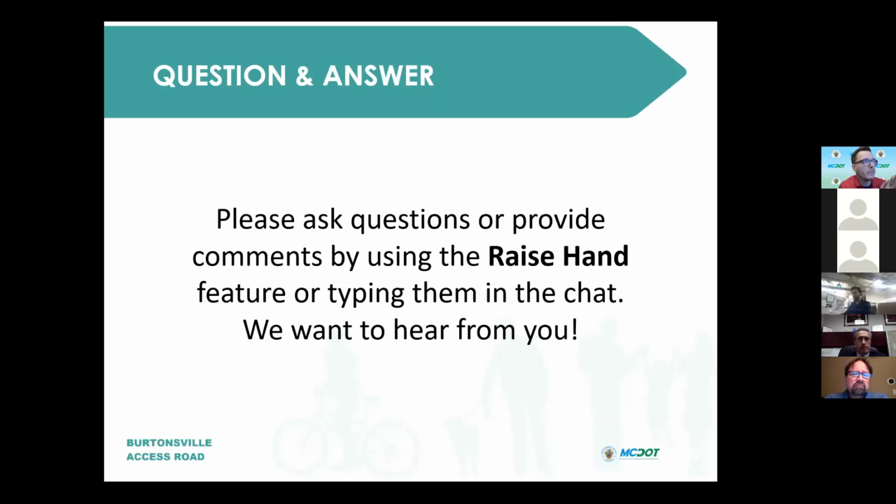Okay, and we have a question from Deirdre. Are you taking any road design measures to reduce speeds and keep the goal of focusing on walkability and bikeability, especially considering the wider road design? Well, thank you for that question. As far as reducing speeds, this road, as you probably noticed, doesn't go really much of anywhere.